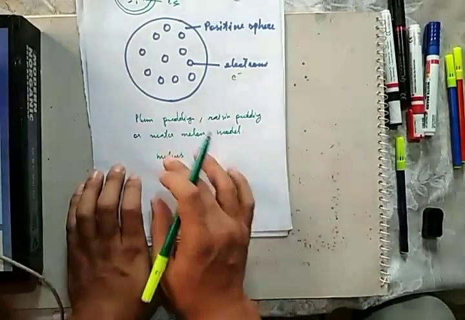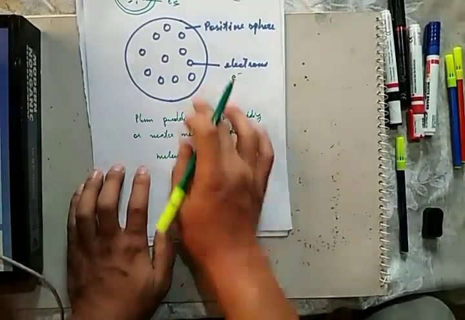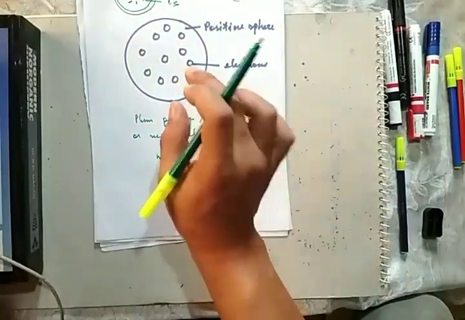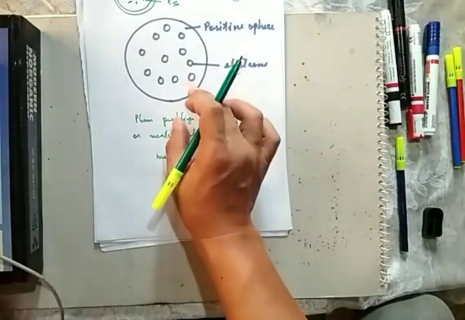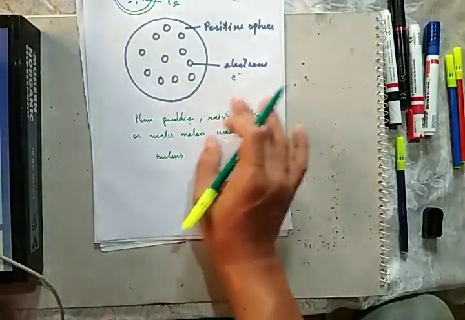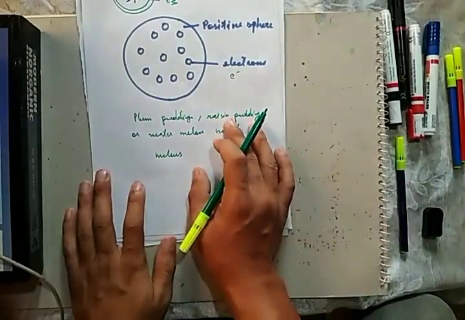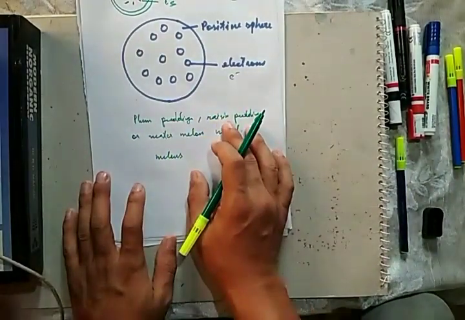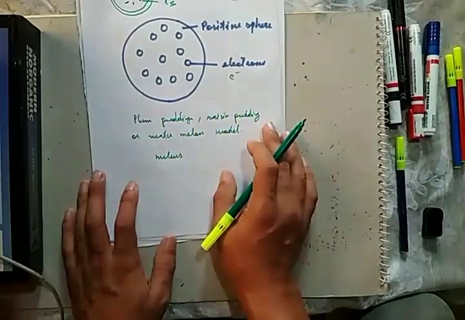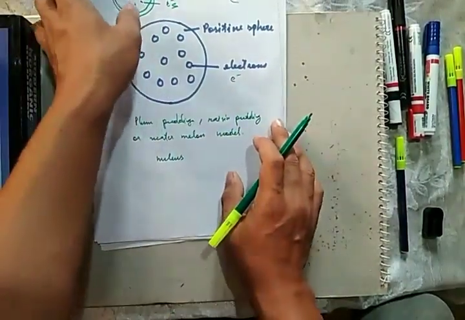It does not talk about whether the charges are static, fixed or moving. Whether these electrons are static, fixed or moving is not explained, and this theory does not provide any experimental evidence.